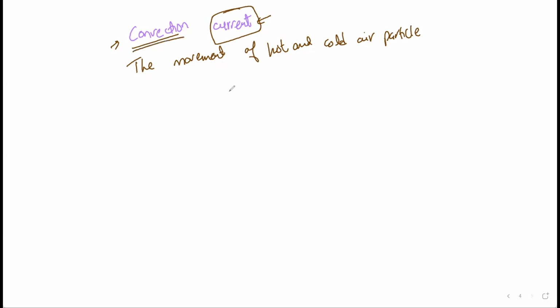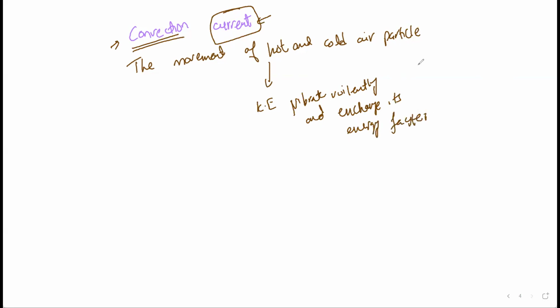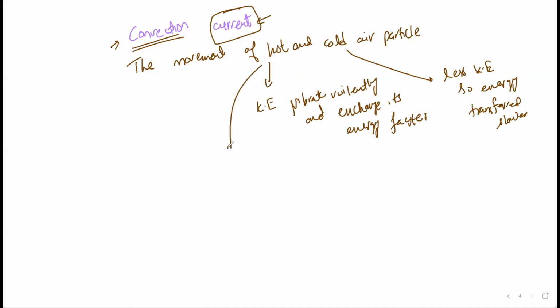So when it comes to convection current, we discussed that hot particles having greater kinetic energy would vibrate more violently and exchange their energy faster, as compared to the cold particles, which have less kinetic energy, so energy transfer would be slower or low.